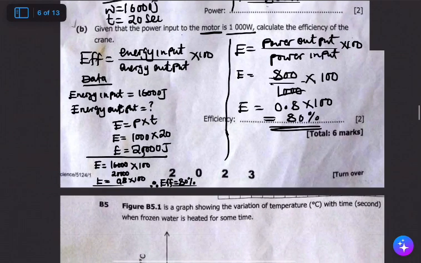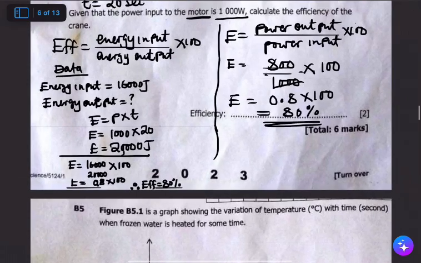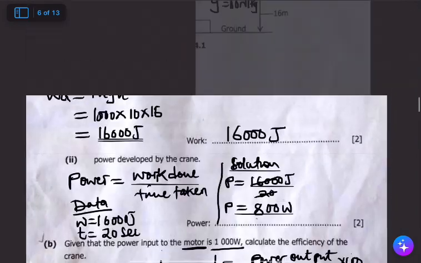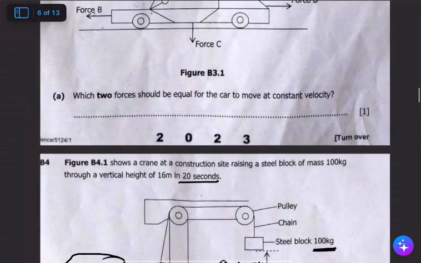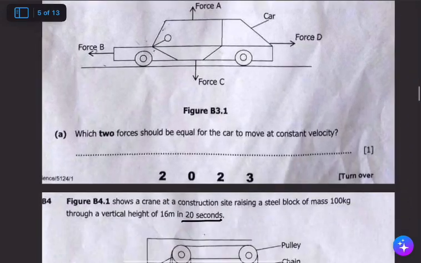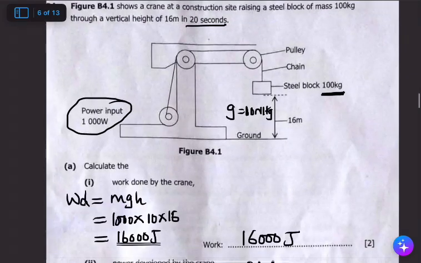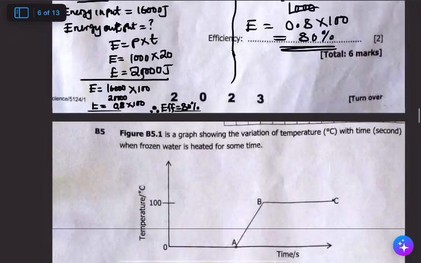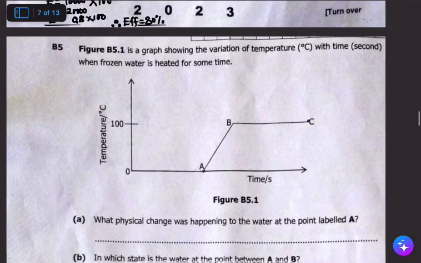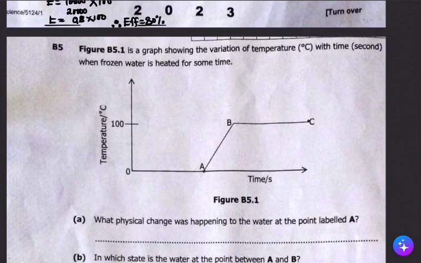Now from this part we can move on to the other question, on boiling, evaporation, and temperature.